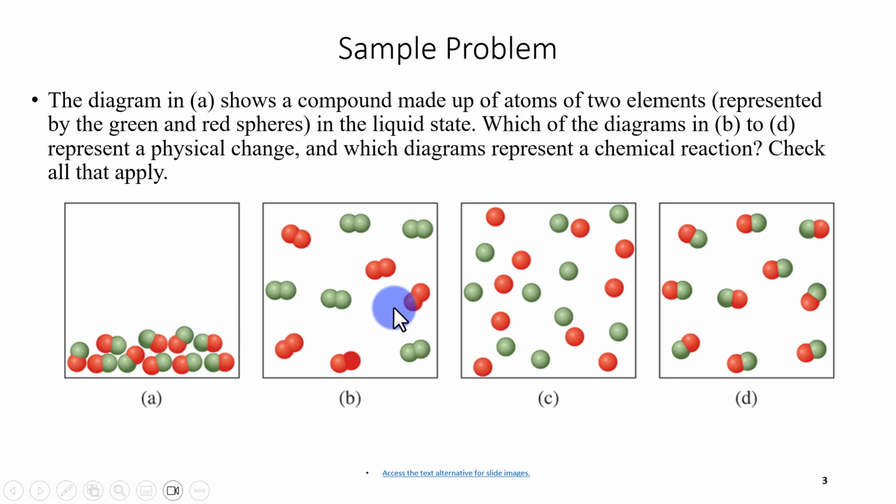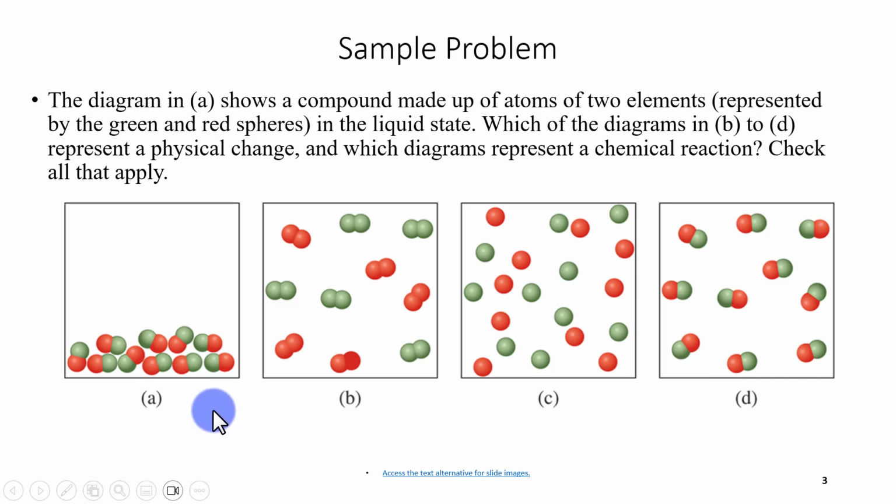If we look at the diagrams B, C, and D, which of those represent a physical change and which represent a chemical reaction? Remember that in a chemical reaction, I have complete rearrangement of my original molecules. If it's just a physical change, my molecule will not change. It will look the same. It may just change, as we mentioned already, from a solid to a liquid to a gas, but it is not a completely different molecule.